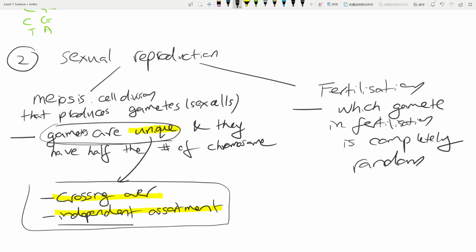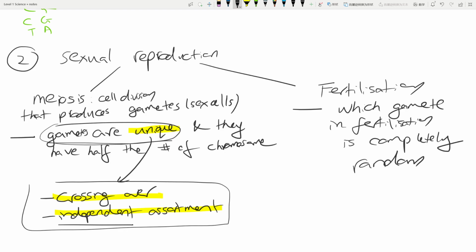Each fertilization is an individual event. So what it means is, think about a male produces hundreds of millions or billions of sperm, very frequently. All of these little guys are going to be unique. They all carry similar but different chromosomes. Now, which one of these guys will get to fertilize an egg is completely random.